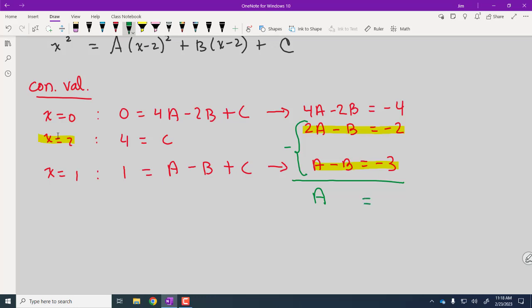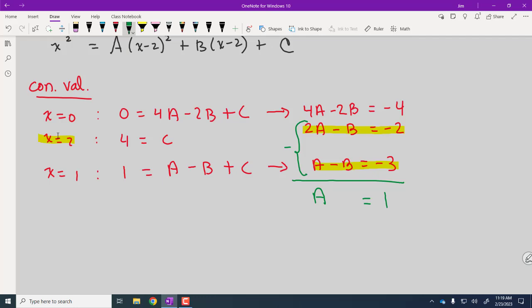Negative 2 minus negative 3 is negative 2 plus 3, which is 1. If you wanted to substitute, you could substitute. Solve the bottom equation for A, plug it into the top equation. Solve the bottom equation for B, plug it into the top equation. Does not matter. You should end up with A is 1.